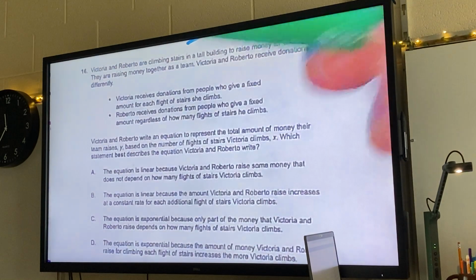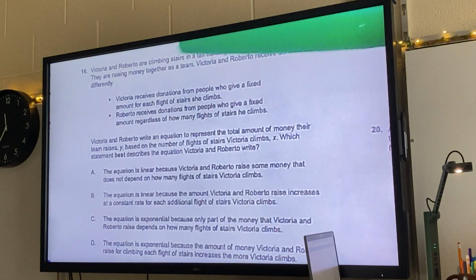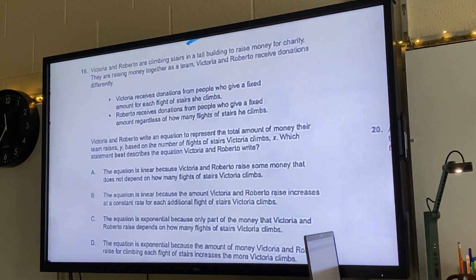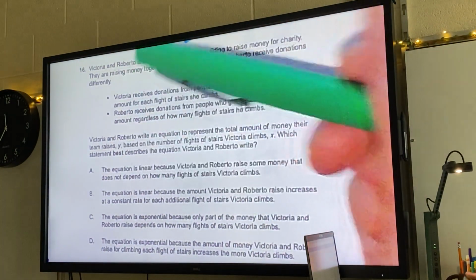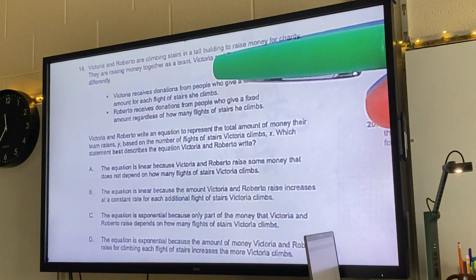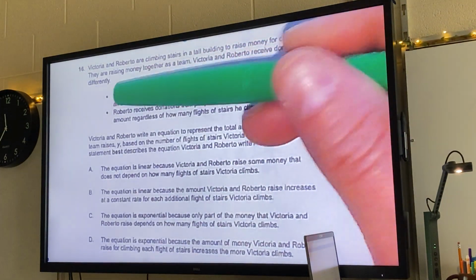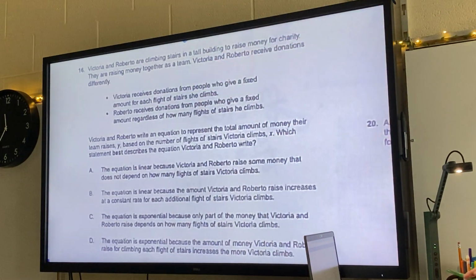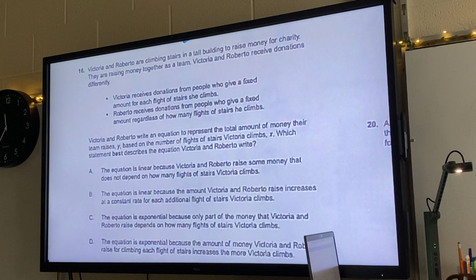It says, Victoria and Roberto are climbing stairs in a building. They're raising money for charity, but how they will get their money is different. Victoria receives donations from people who give a fixed amount for each flight of stairs she climbs. So that means every time she climbs a flight of stairs, booyah, she gets that money.